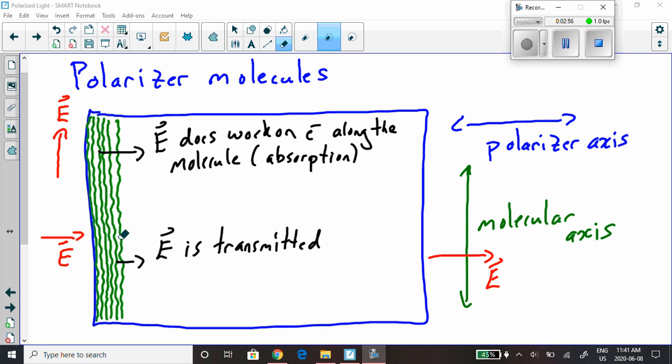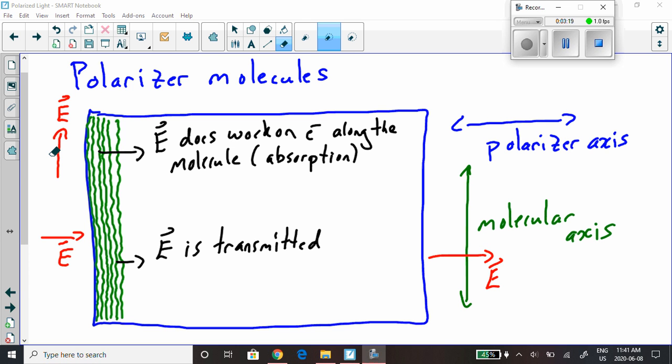Now, if you have light that's perpendicular to the molecule in terms of its electric field orientation, so here the electric field is this way, it can't push an electron up or down. So the electric field of that light is not absorbed, and that light gets through. That's what I've drawn here.